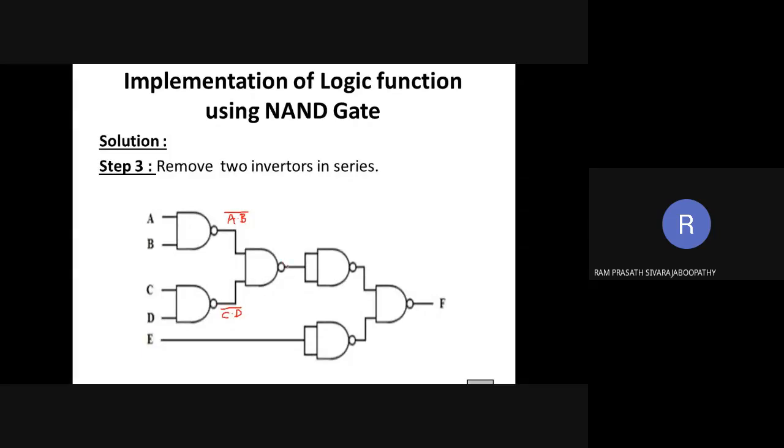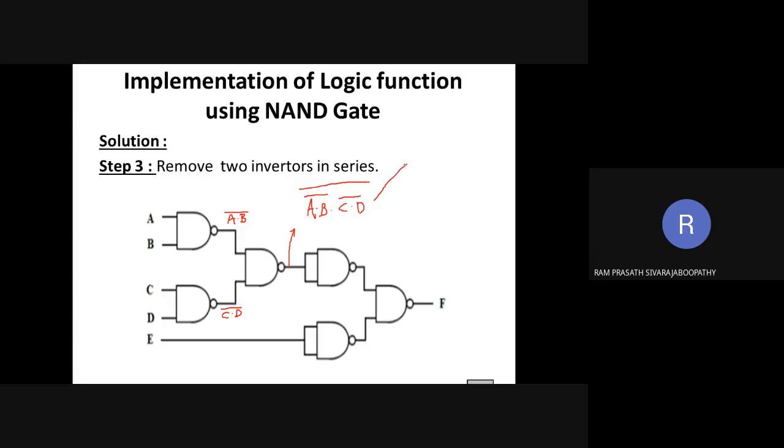What about the output here? (A dot B) whole bar dot (C dot D) whole bar, the whole bar.